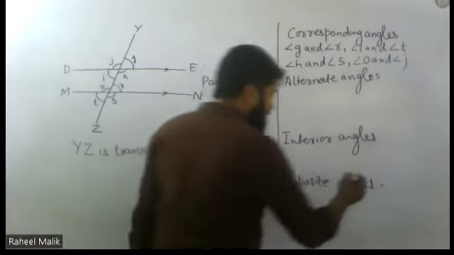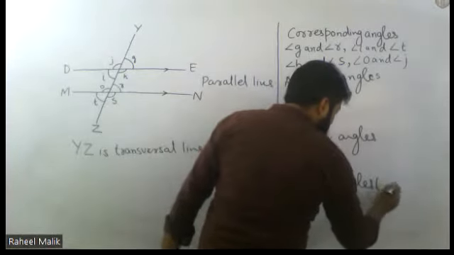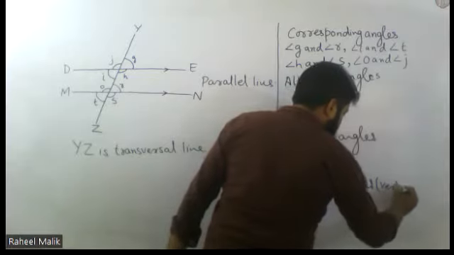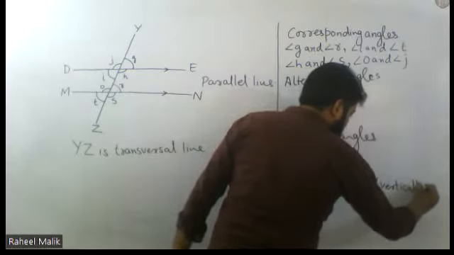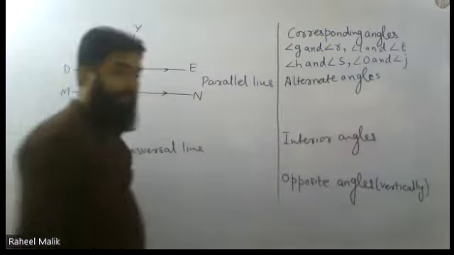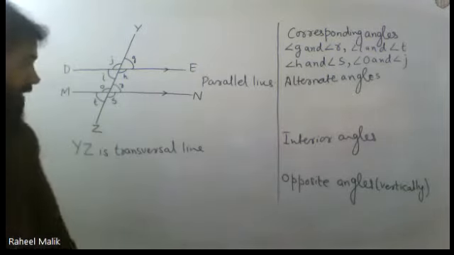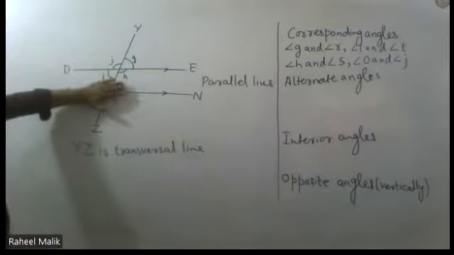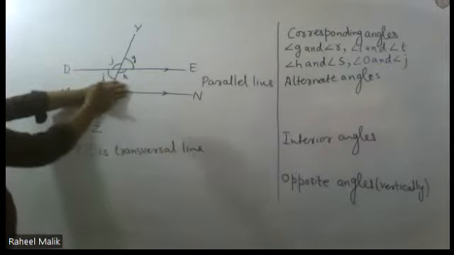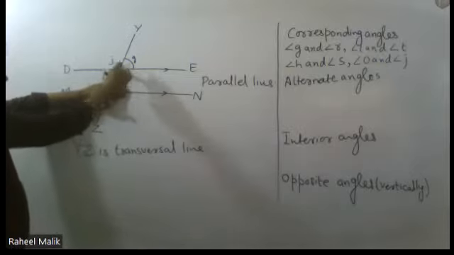We are talking about vertically opposite angles. Vertically opposite angles are always discussed only on one line. So right now, if I do not discuss the other one, what are vertically opposite angles? Angle H and angle J.